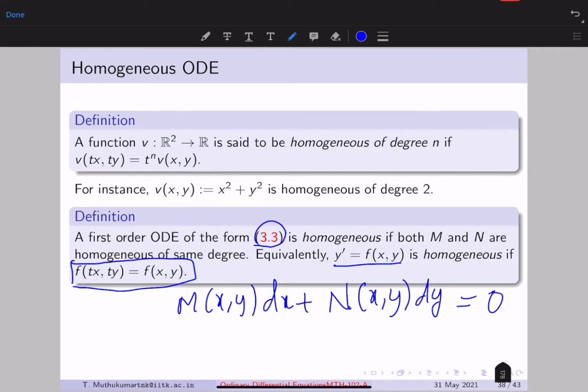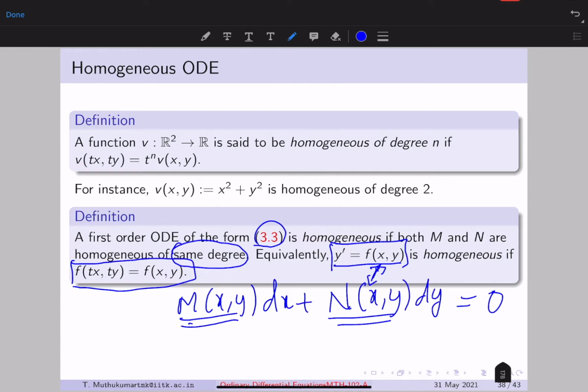We have already said that any ODE of this form can be equivalently written in this form, they can be interchangeably written. So what we mean by a homogeneous ODE is that this M and N appearing here are both homogeneous of the same degree.